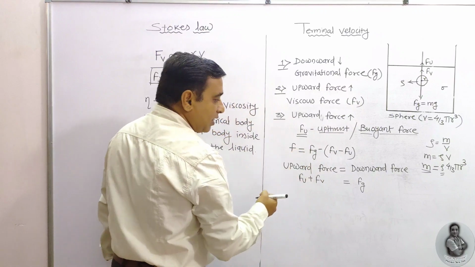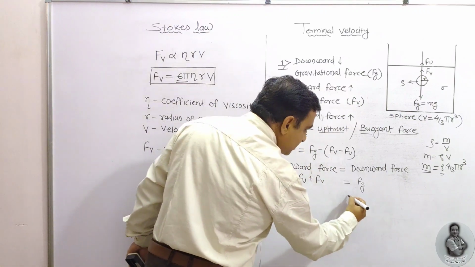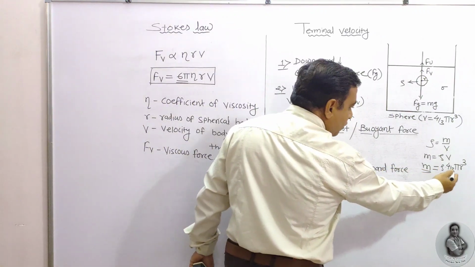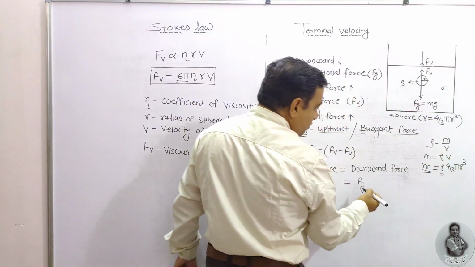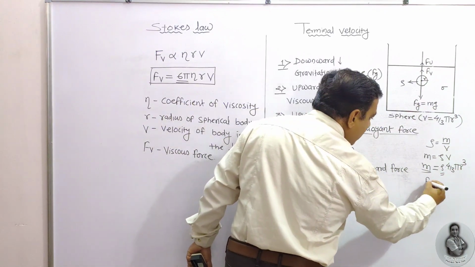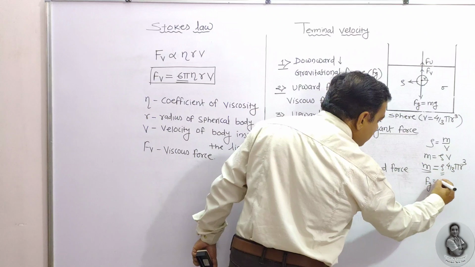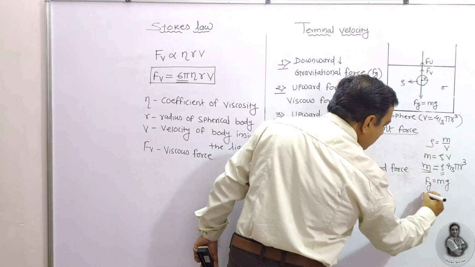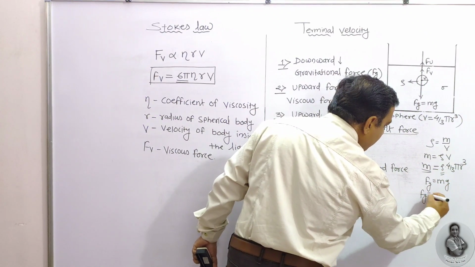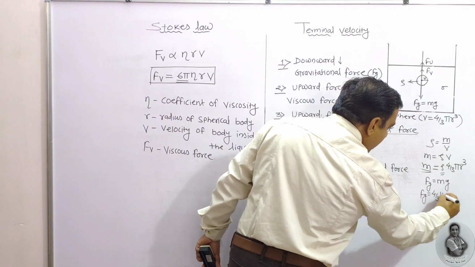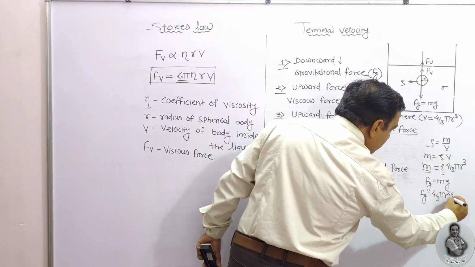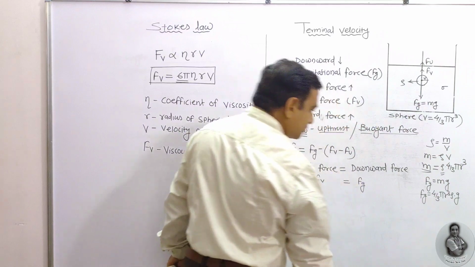So substituting all the values, we know m is equal to rho into 4 by 3 pi r cube, and Fg is equal to mg. So Fg is given by 4 by 3 pi r cube into rho into g.